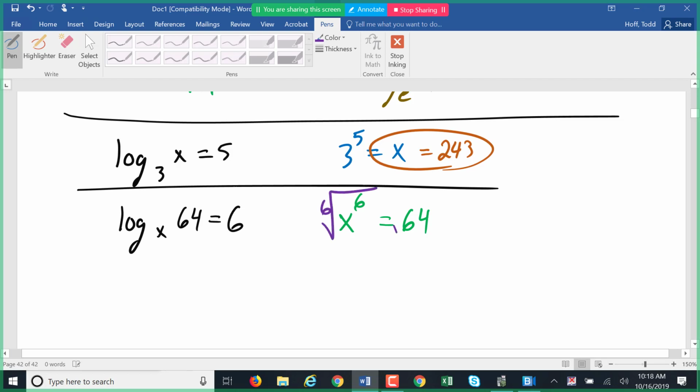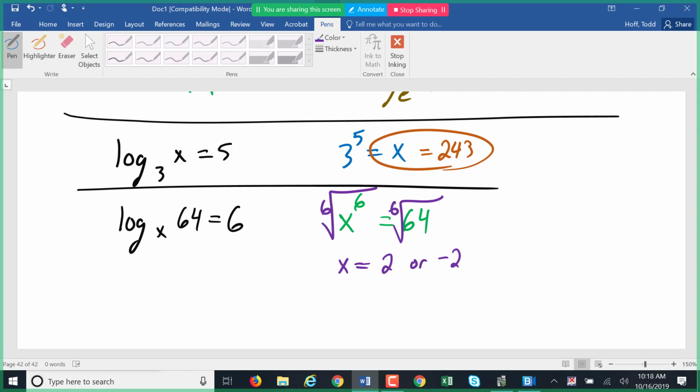This is going to do a 6th root to reverse that power of 6 to get x by itself, giving us x equals 2, or we have to be careful, 2 or negative 2. 2 to the 6th equals 64, but negative 2 to the 6th power would also equal 64 because it's that even root. We have to look for that second solution.